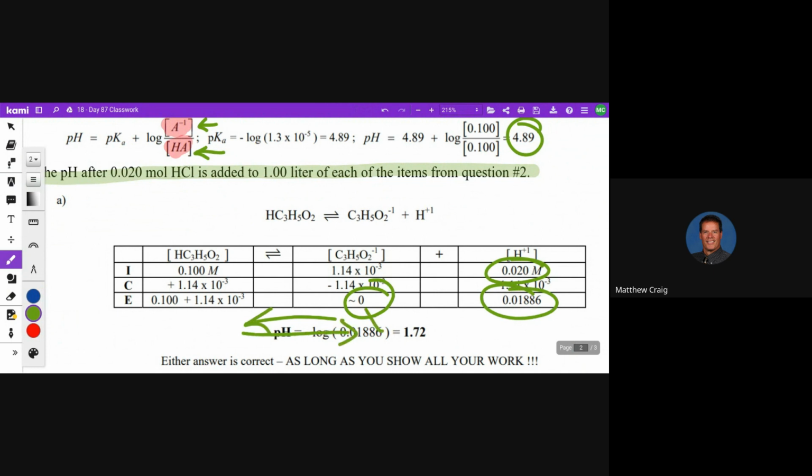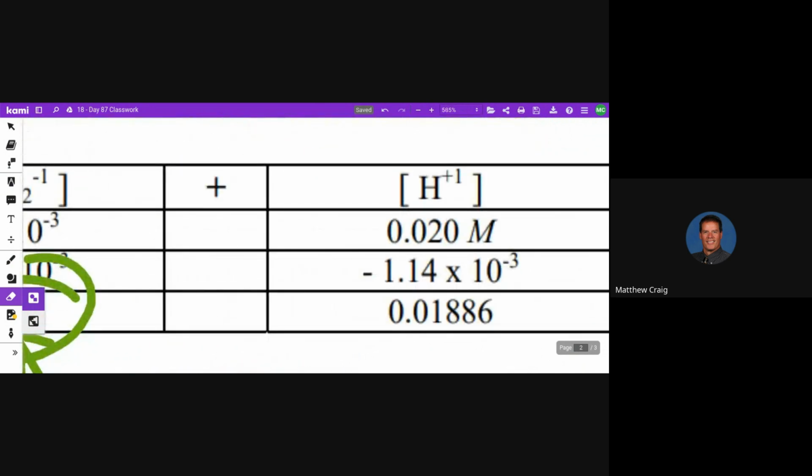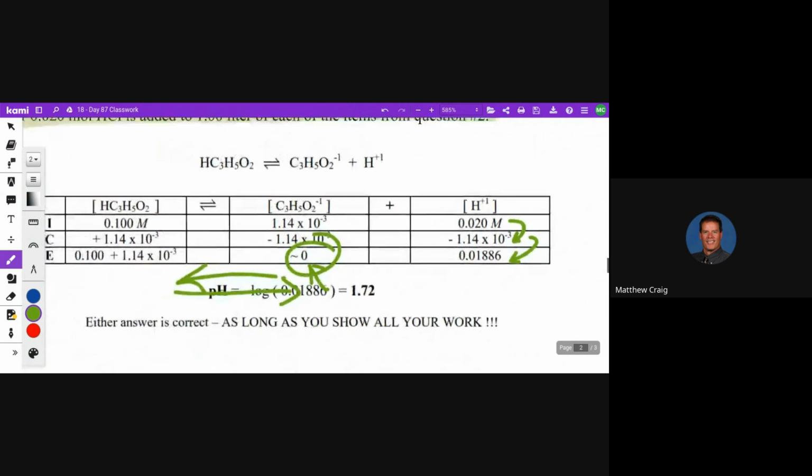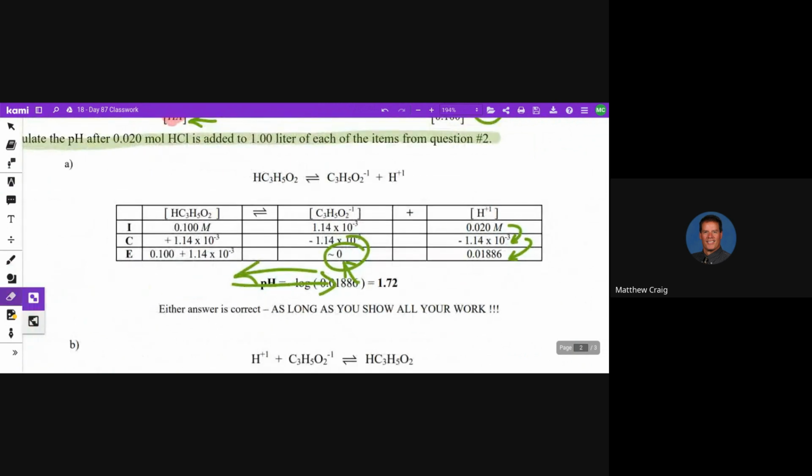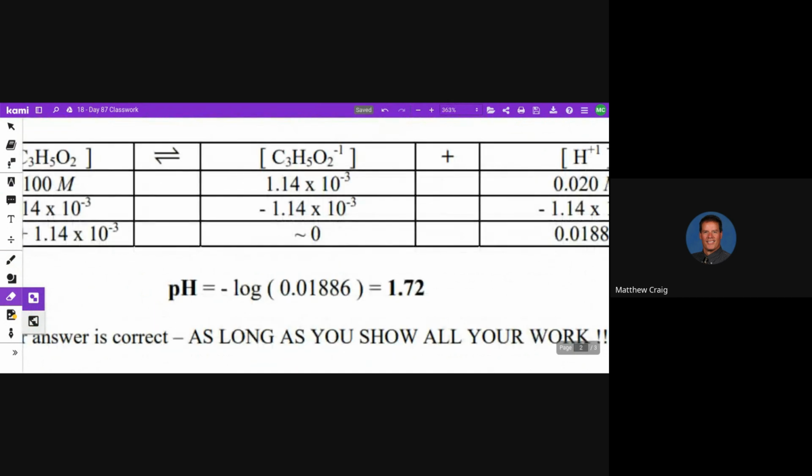So that's why you see approximately 0, because we're not going to actually solve for that value. However, since the buffer capacity, quote unquote, has been exceeded, there really wasn't a capacity here, we're going to focus on the concentration of our hydrogen when we subtract that value. And so now all we have to do is take the negative log of our concentration of our hydrogen, and we get a pH of 1.72.